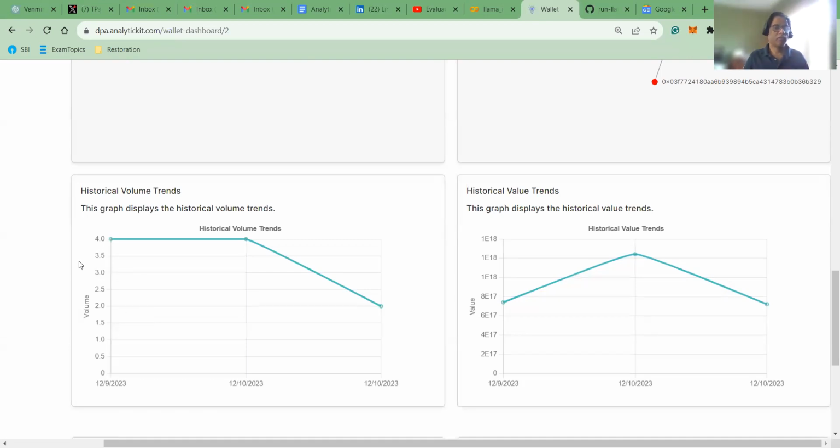You can monitor and visualize all this information using this graph. And then the other one is the value. This one is the transaction volume count, and this one is the value count. This also shows whether the trend is going up or coming down, or which date has more volume. You can see all this information using this graph.